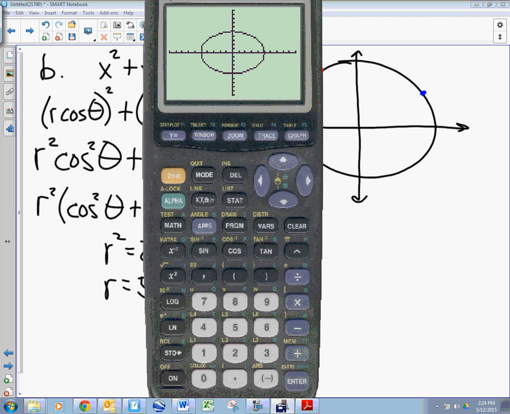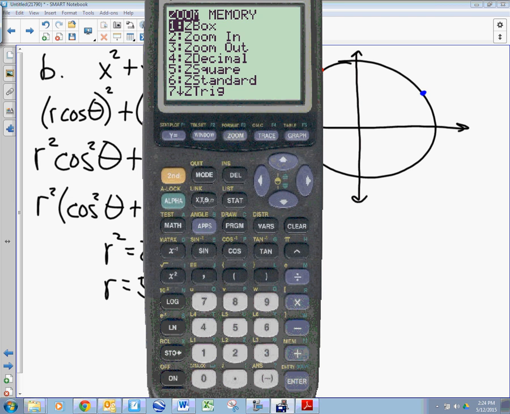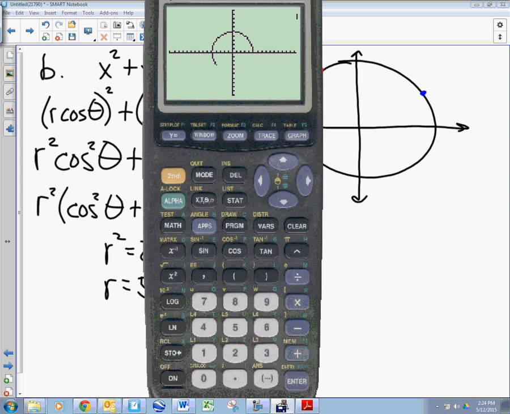Why doesn't it look like a circle? It's not zoomed square. So we will zoom square, and it will adjust the viewing window, and so I have a circle. So polar form and parametric form, which we'll learn later, are very helpful and useful for being able to graph things like this and perform operations. And there's a lot of really neat entries that we can use.